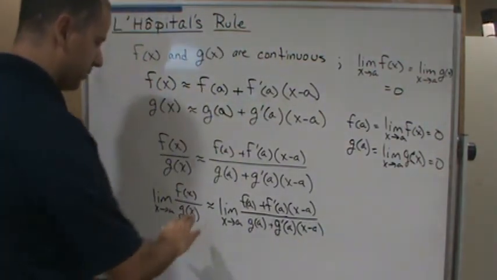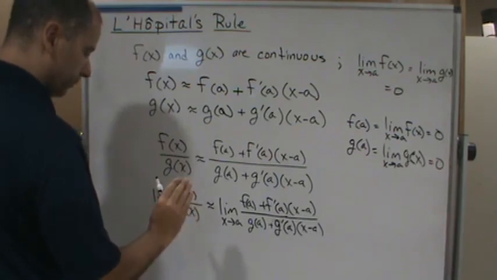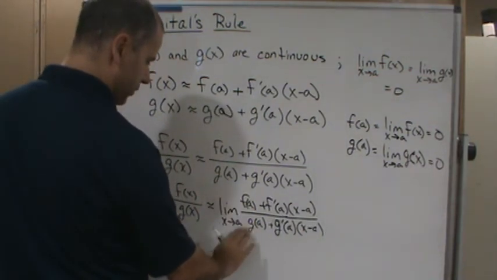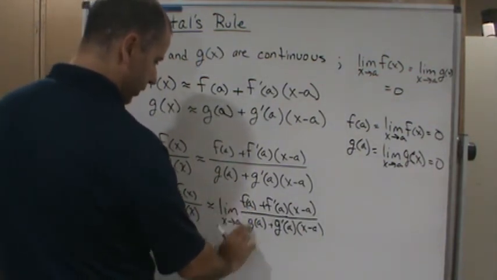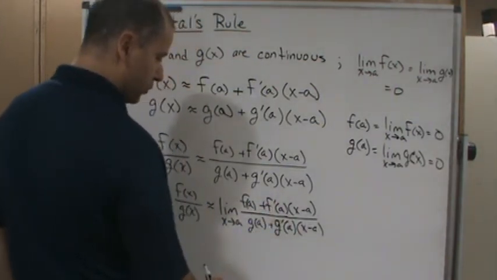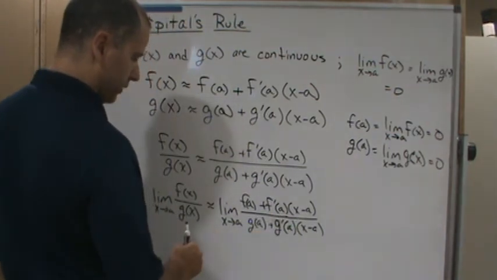Now, since f and g are continuous, we can do these two, but also let's assume that f prime and g prime are also continuous.